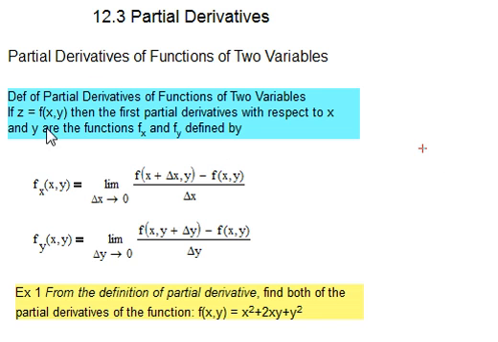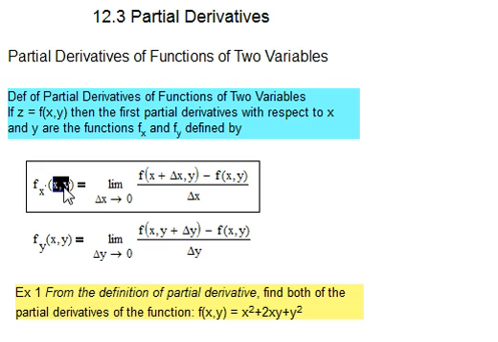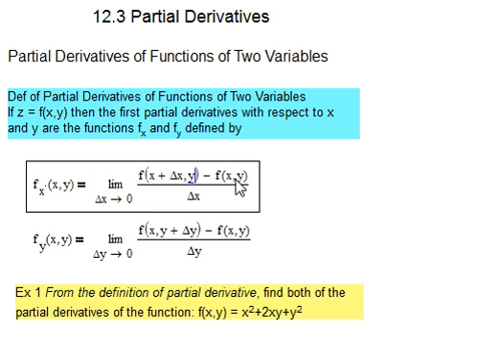So, here are the definitions of partial derivatives of functions of two variables. If z is some function of x and y, then the first partial derivatives, with respect to x and y, are notated f sub x and f sub y, and you can see why we can't use prime, because you have to be specific about the variable. So f sub x of x,y is the limit as delta x approaches 0 of f of x plus delta x, y minus f of x,y over delta x.